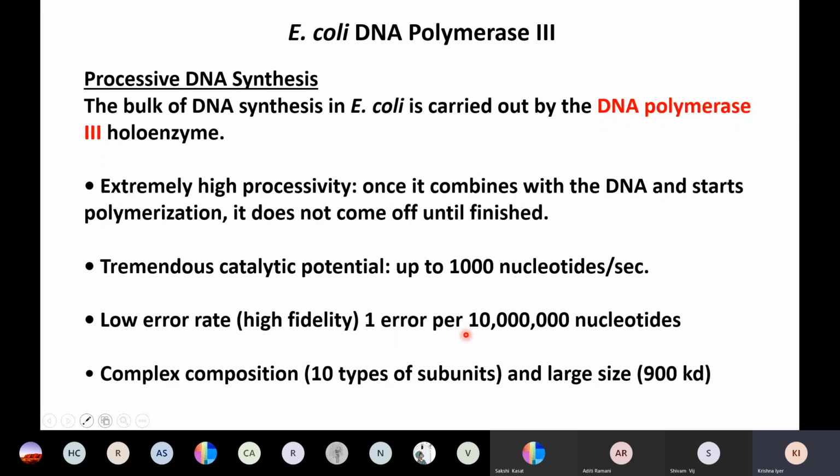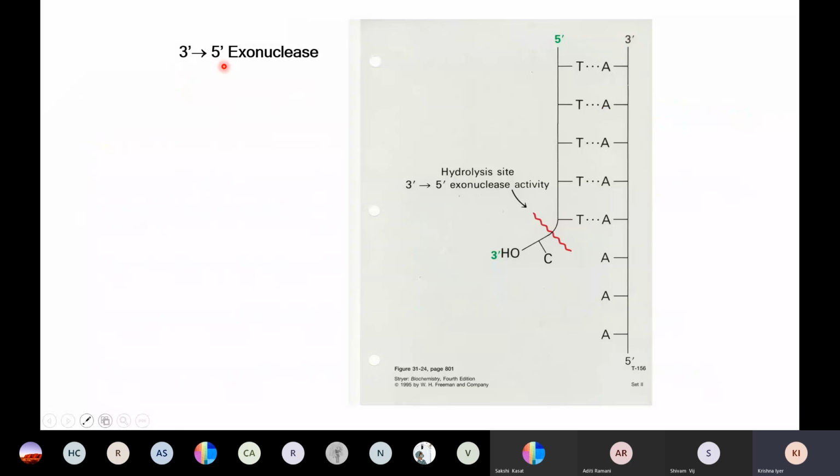Now, the reason for this low error rate is this 3' to 5' activity. As DNA polymerase 3 looks at the template, correctly adds the complementary base and does the polymerization by the 3' OH attacking the 5' phosphate, it also always checks, when it is ready to add the next base to the template, the state of the previous one.